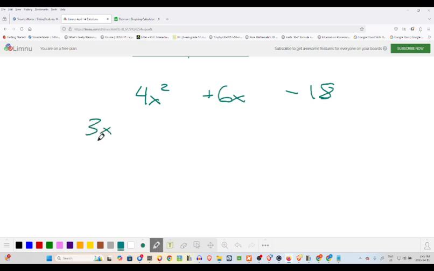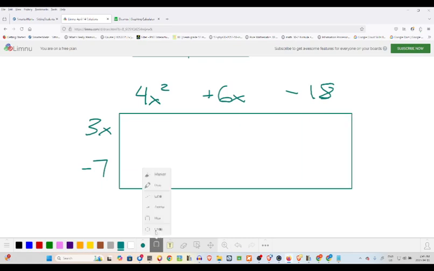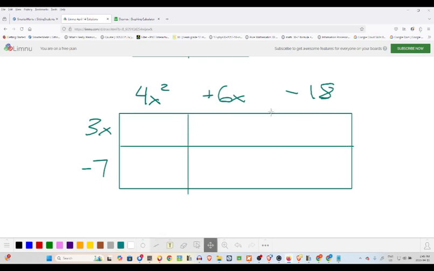So here a 3x and a minus 7. Set up our box.